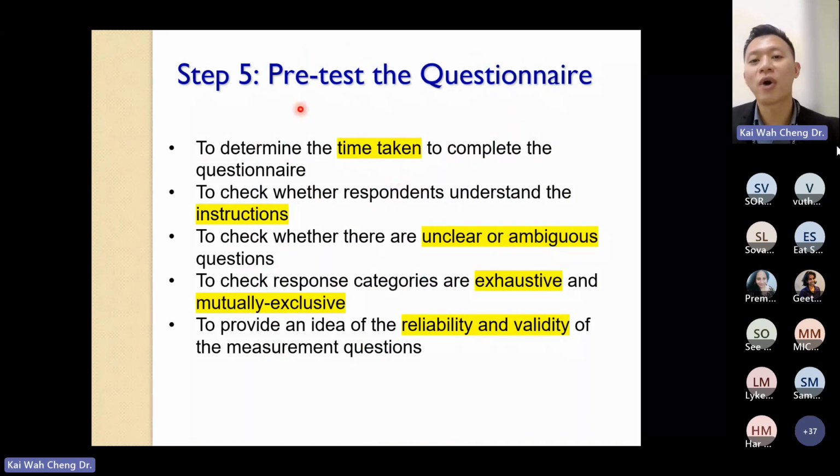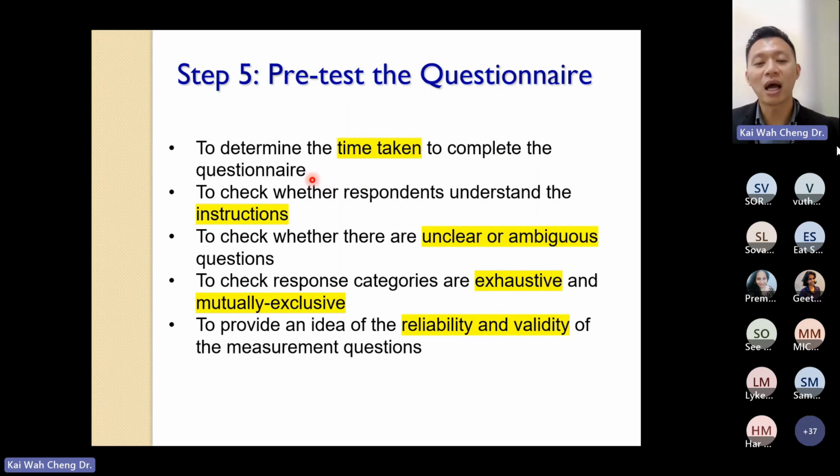Next, of course, the pre-test is very important in social science. Normally, we will distribute 30 copies for the pre-test in order to determine the time taken for everybody to complete the questionnaire.